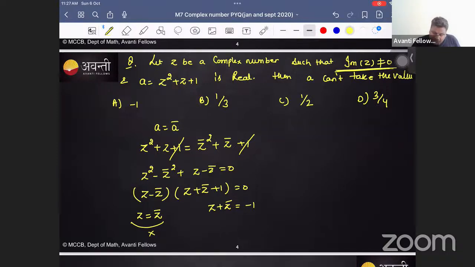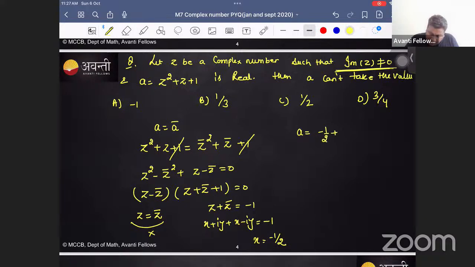Now let us assume Z is x plus iota y. So x plus iota y plus x minus iota y is equal to minus 1. So x is what? Minus 1 by 2. So they are saying Z be a complex number such that A is real, then A cannot take the value. Now, if x is minus 1 by 2, then A will be what?